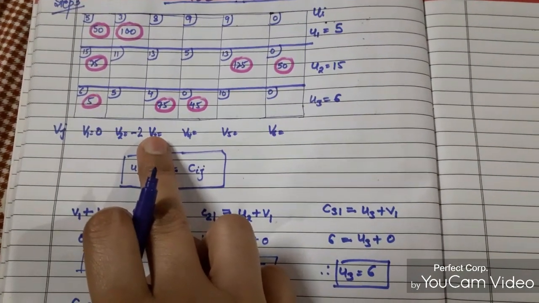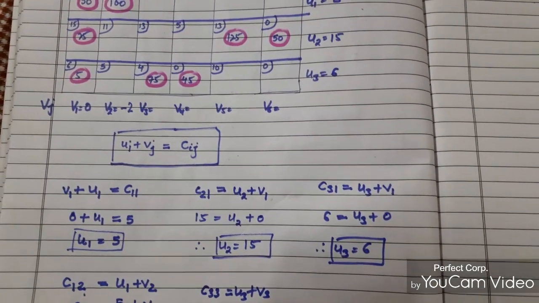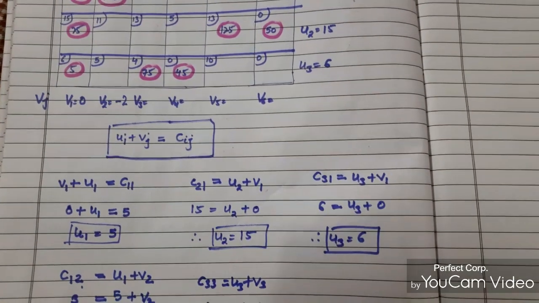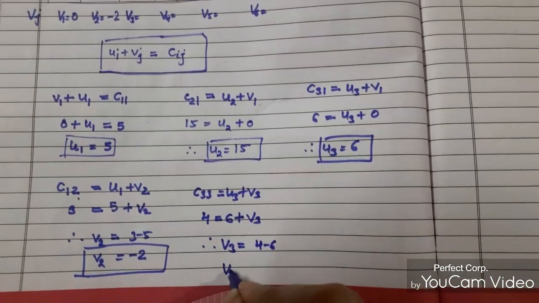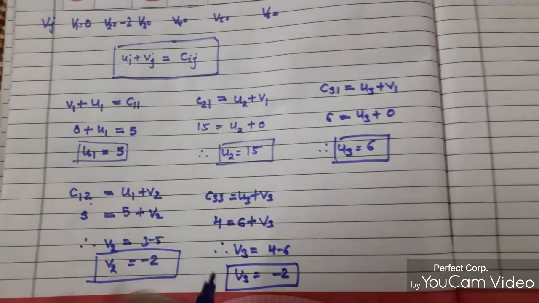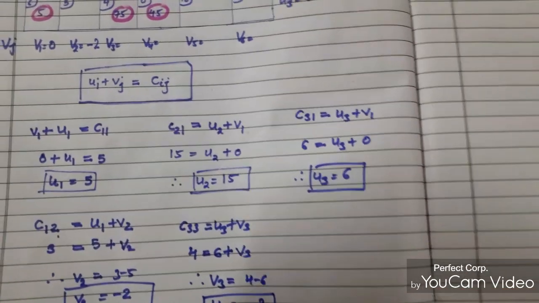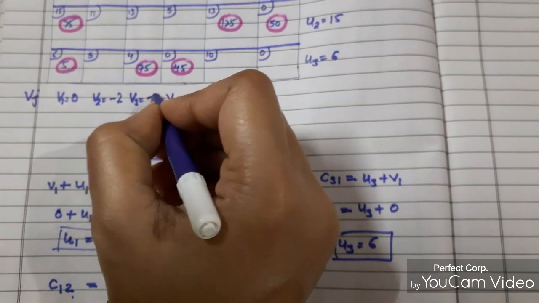Therefore v3 is equal to 4 minus 6, that means v3 is equal to minus 2. This is also minus 2, the same value we got for v2. So we will write it here, v3 is equal to minus 2.